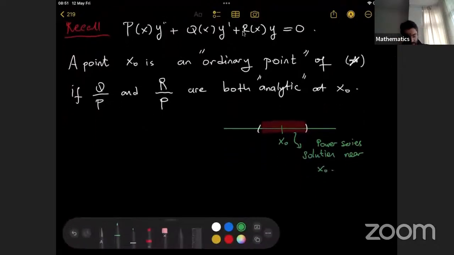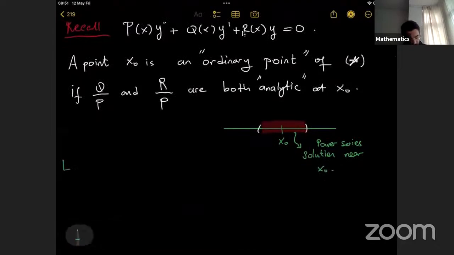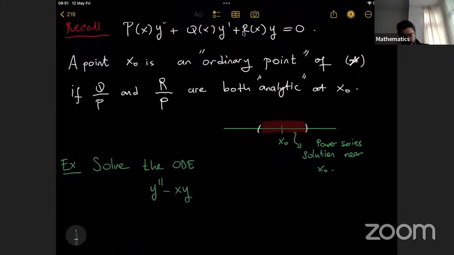All right, let's do one example with that. So we will solve the ODE, ordinary differential equation, y double prime minus x times y is equal to 0 around x0, which is 0. Around the origin, we will solve this equation. It's a second order equation.